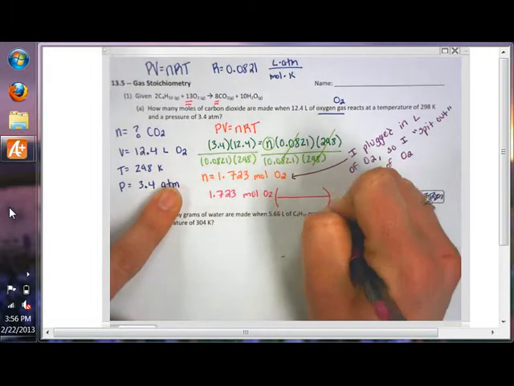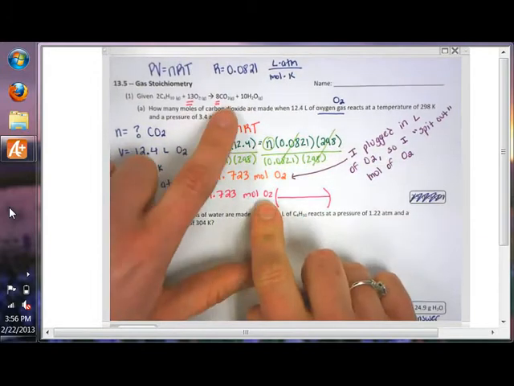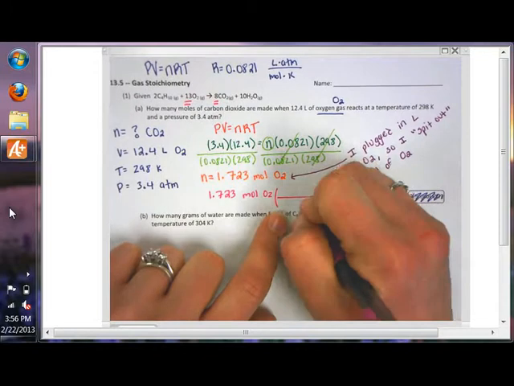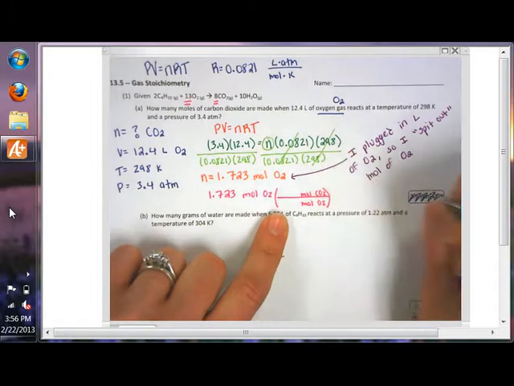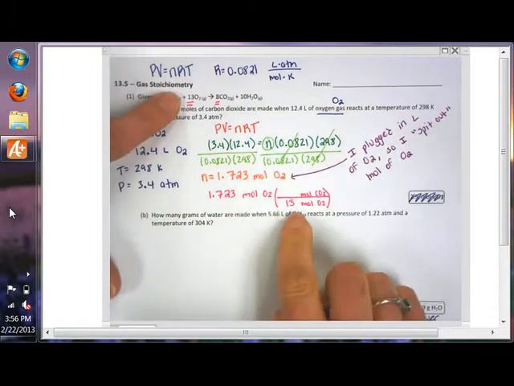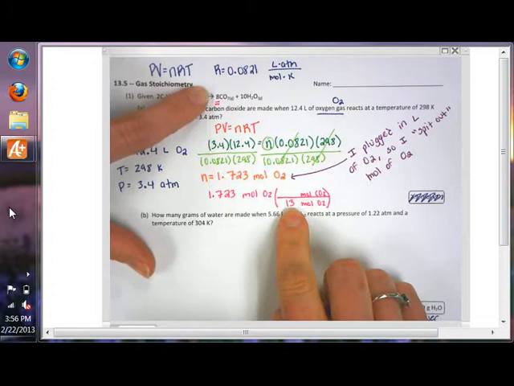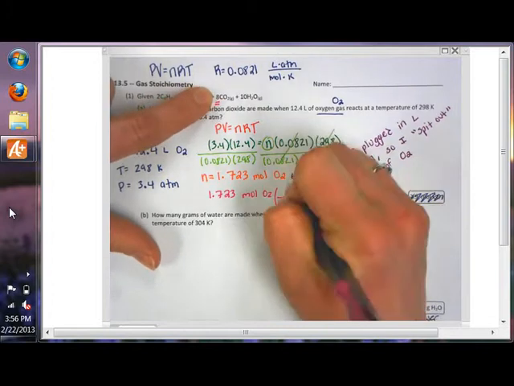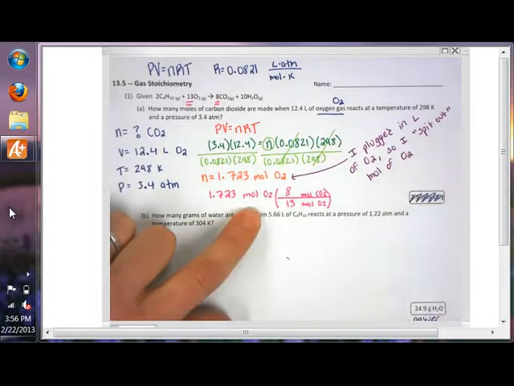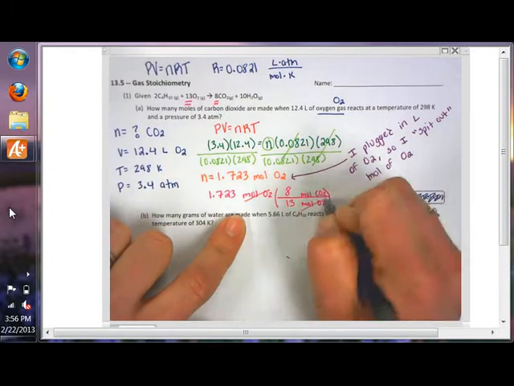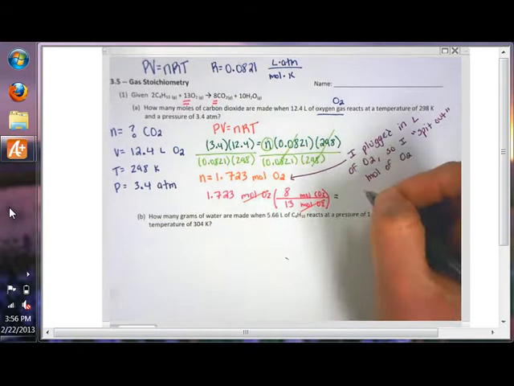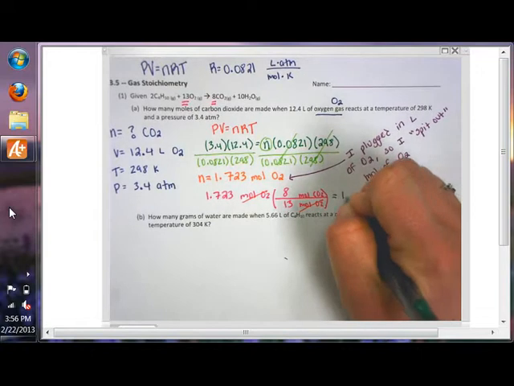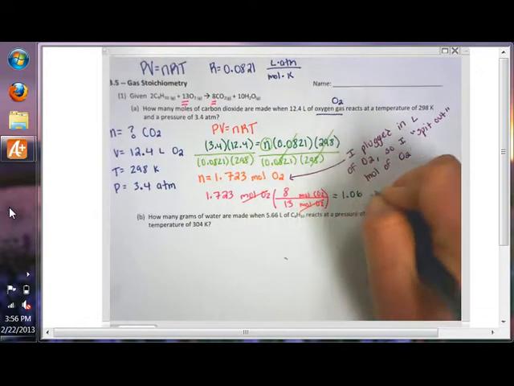So moles of O2 goes on bottom, moles of CO2 goes on top. For every 13 moles of oxygen, there are 8 moles of carbon dioxide. Moles of oxygen cancel, and my calculator is going to spit out 1.0604. Now I need to look at sig figs.